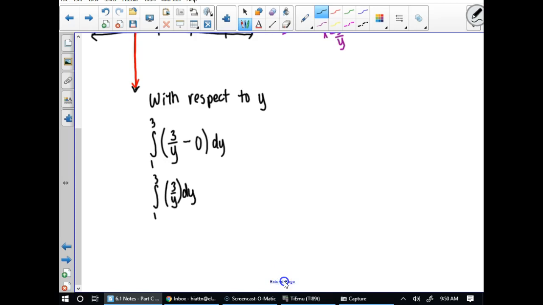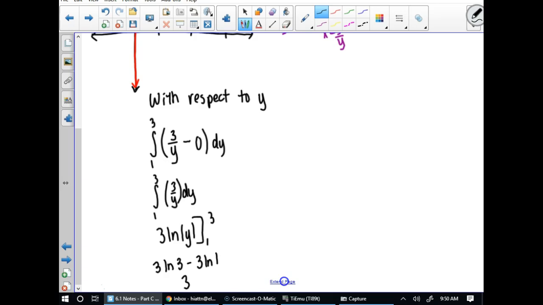What do I get when I integrate 3 over y? 3 natural log of absolute value of y. I'll evaluate that from 1 to 3. So I'll have 3 natural log of 3 minus 3 natural log of 1. What is natural log of 1? It's 0.